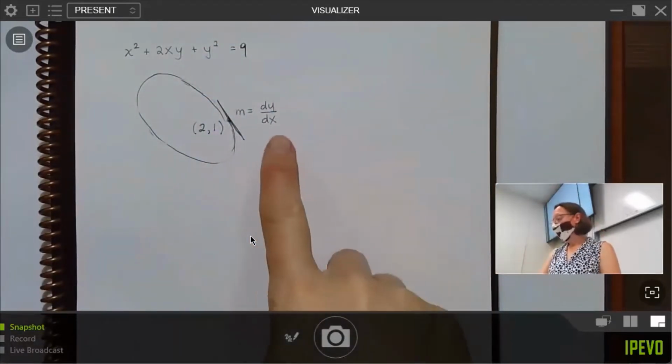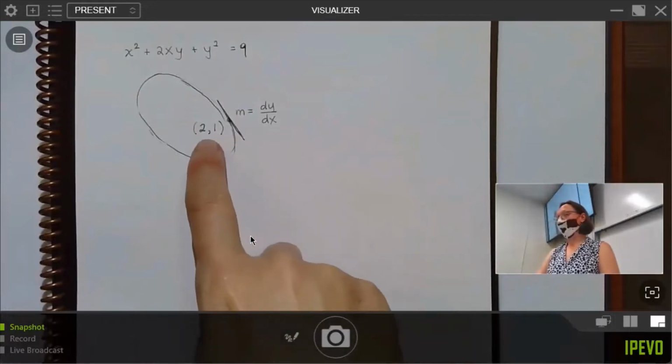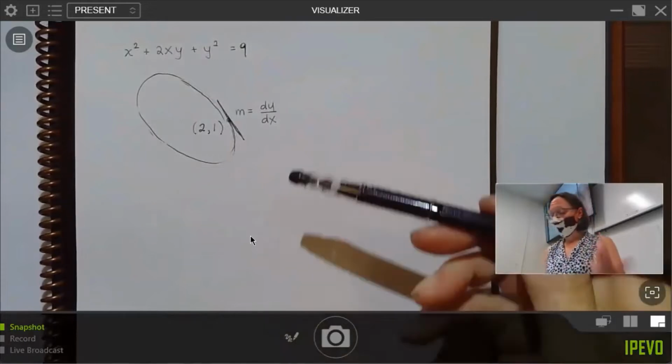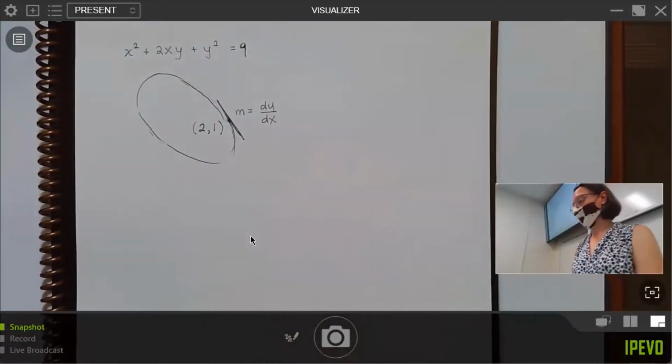And I want to know, what's the slope of this curve at that point (2, 1)? That's my objective. If I'm going to find the slope, I need to take the derivative.